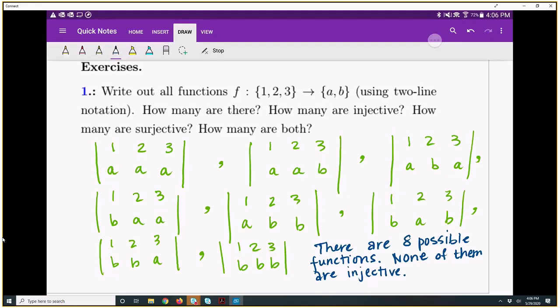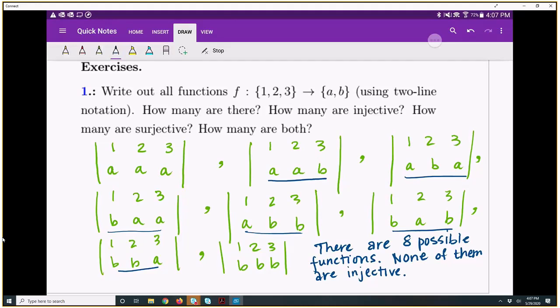Then the next question is how many are surjective? And it actually looks like most of them are surjective. In order to be surjective, I have to make sure that every element in the codomain has a preimage. So this is surjective, this is surjective, this one, this one, this one, and this one. Only the ones where I mapped them all to A or all to B are not surjective.